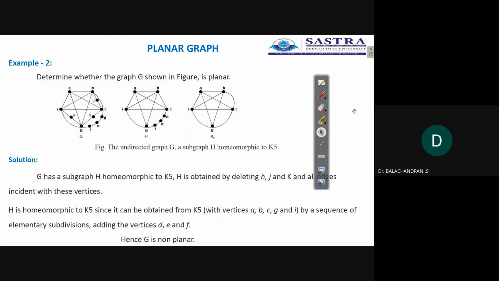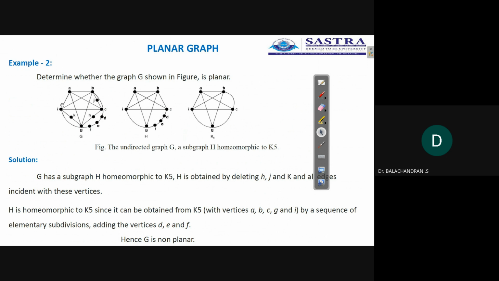Okay. This problem: determine whether the graph shown in this figure is planar. I think we know that K5 is non-planar. And already I told you a graph which contains K5 or K3,3 as a subgraph is also non-planar.